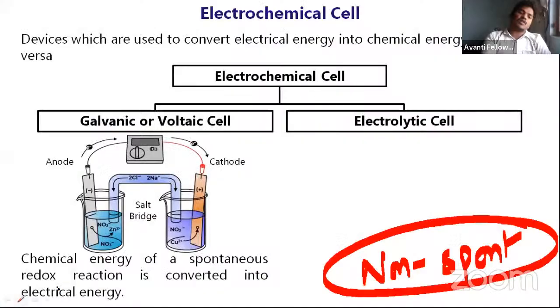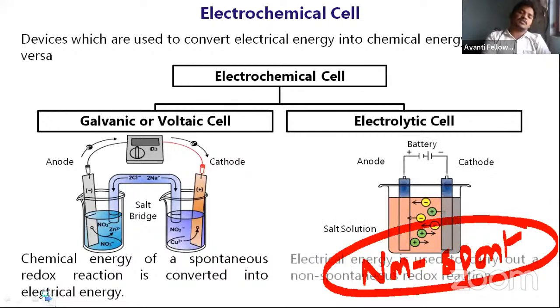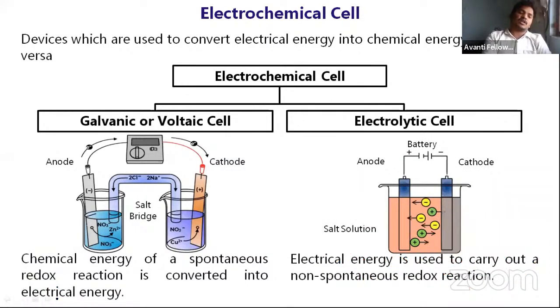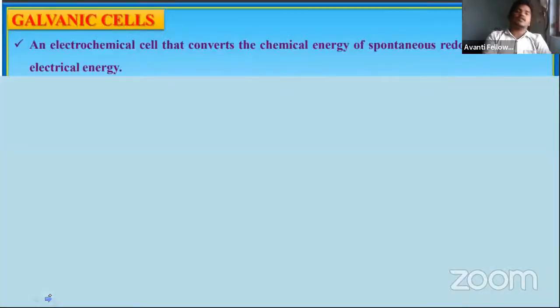Next we talked about electrical energy. The basic electrolytic cell looks like this. It is an energy conversion carried out in a non-spontaneous reaction. Then we started discussing galvanic cells: what they are and how you are going to use them.